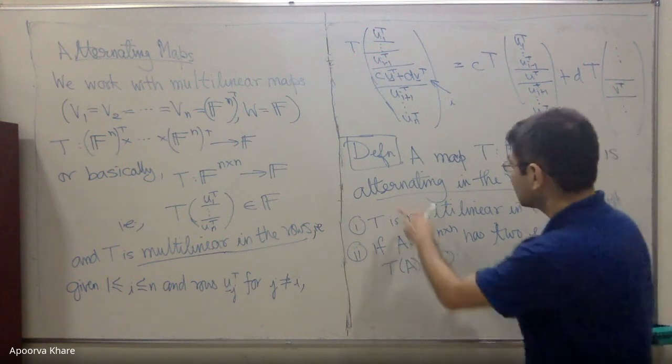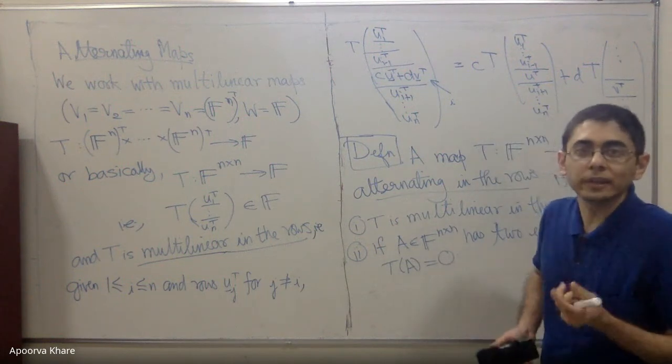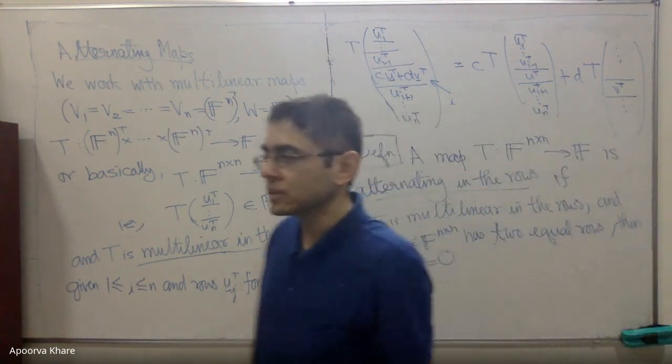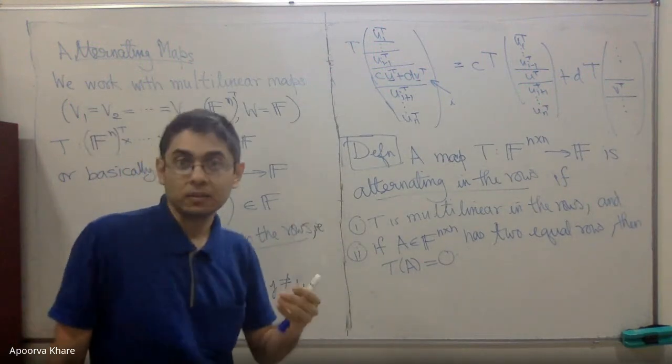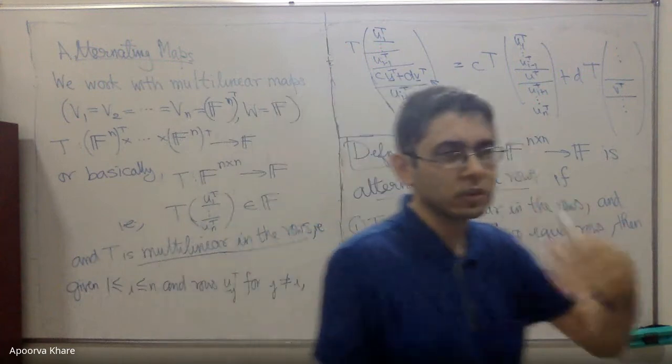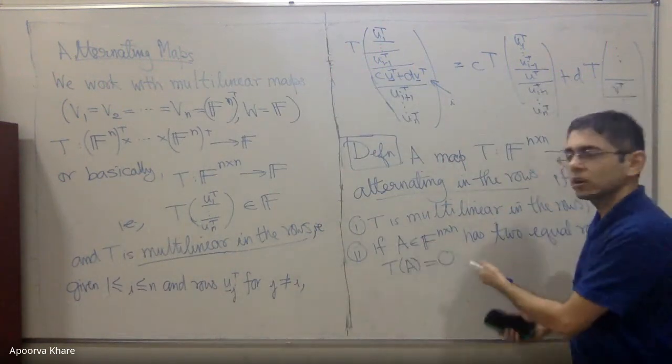Now, the question is, of course, this hardly looks like alternating. It says something is 0. Alternating typically means if you flip something, you get a sign, you alternate in sign. It's like somehow odd, even, or -1, +1, -1. That's what alternating means. This is not really saying something.